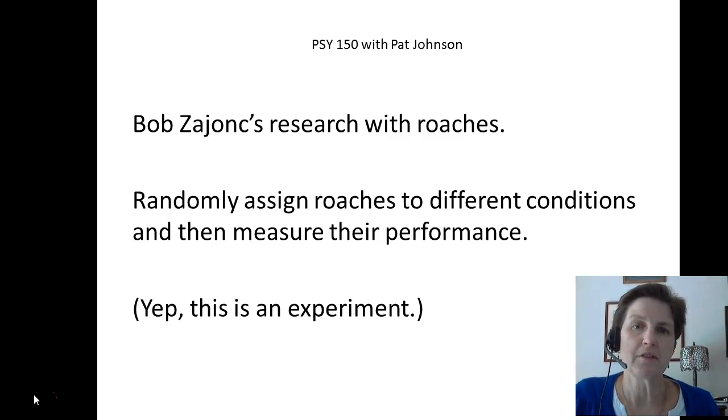But Bob Zion did a very clever piece of research showing that social facilitation worked not just in animals, but in humans. And he really isolated the two factors of whether or not the task is easy or difficult, and whether or not the task is alone or in the presence of others.